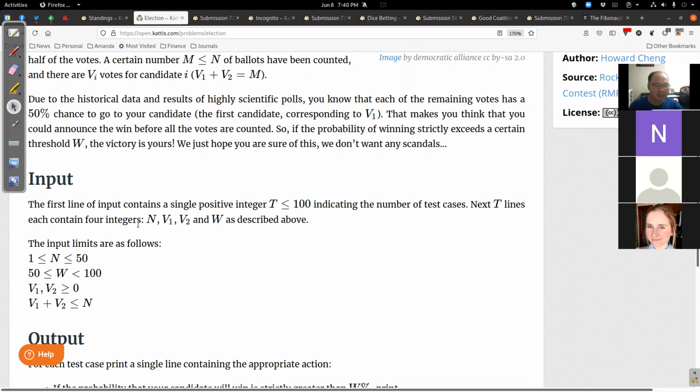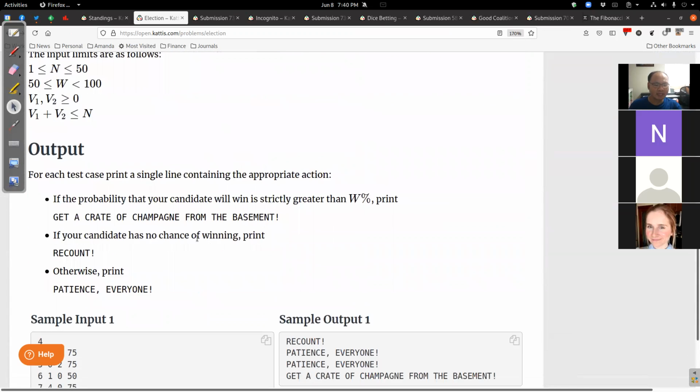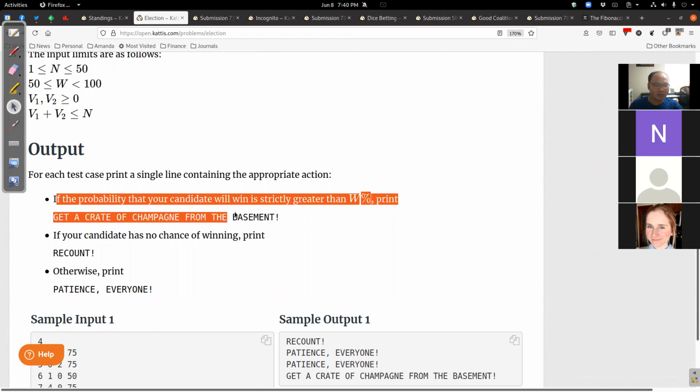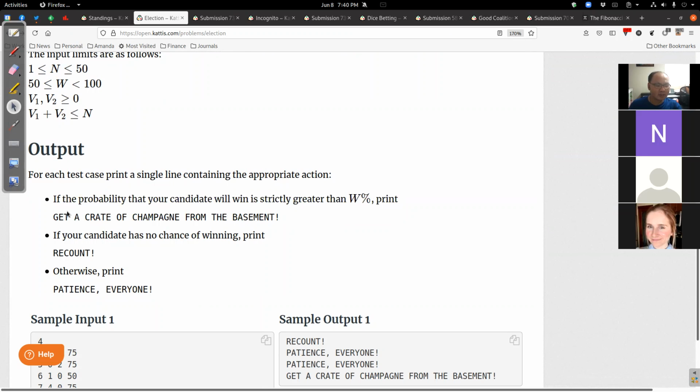Each case has N, the number of voters, up to 50 voters. V1 and V2 are the votes that have been counted for each candidate so far, and the sum is always less than or equal to the total number of votes, but it could be less. And then W is how certain you want to be before you announce a winner. Do you want to be 80% sure or whatever it is? If the probability that your candidate will win is strictly greater than W, print this. If your candidate has no chance of winning, print recounts, otherwise print patience.